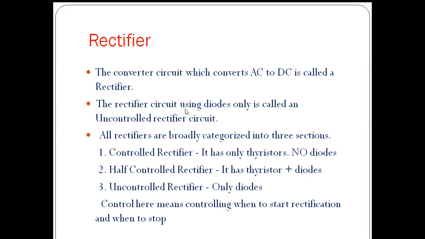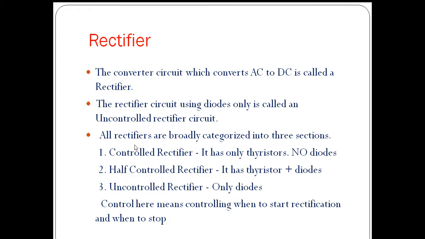A rectifier circuit using diodes is called an uncontrolled rectifier. That means once the device is forward biased, it will be in conduction and we get the output voltage. We cannot change the output voltage according to our requirement, so we call that operation uncontrolled operation.